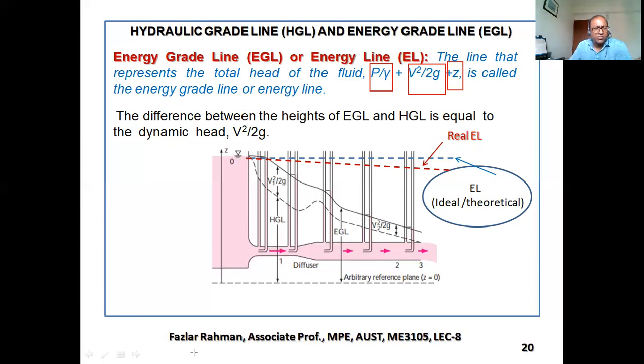This is your total energy line. At the top and bottom, you are getting the hydraulic gradient line. Okay. Now, the summation of these three has to be always constant. That means the fluid energy is not changing.